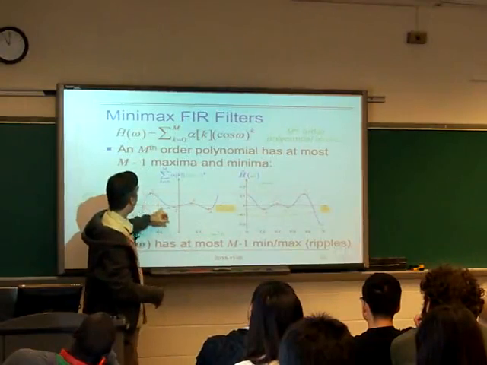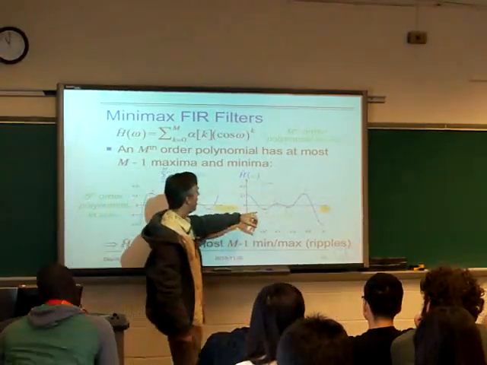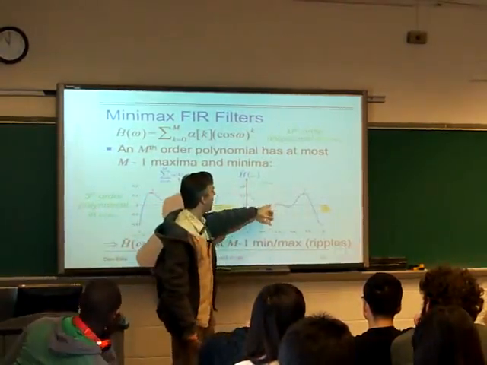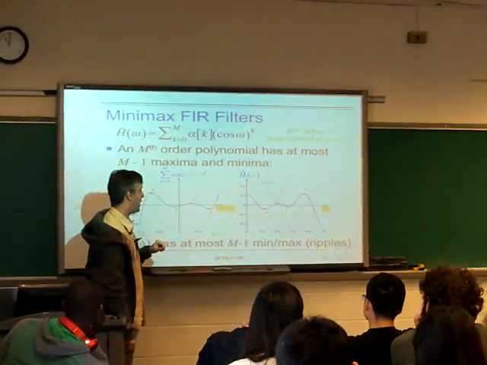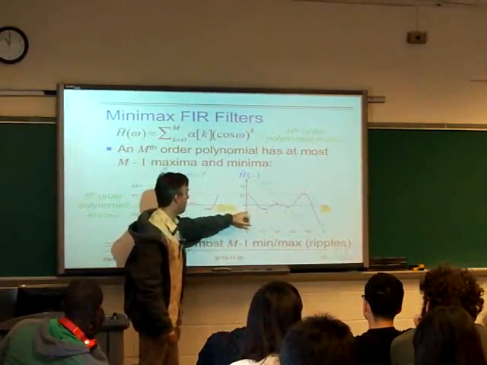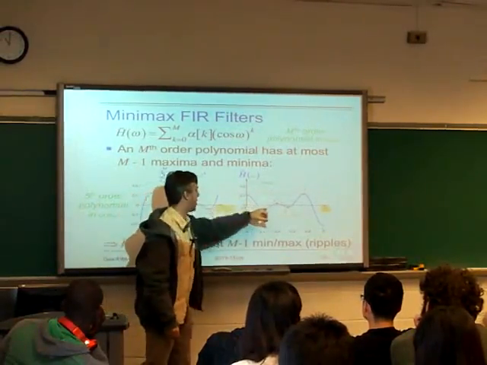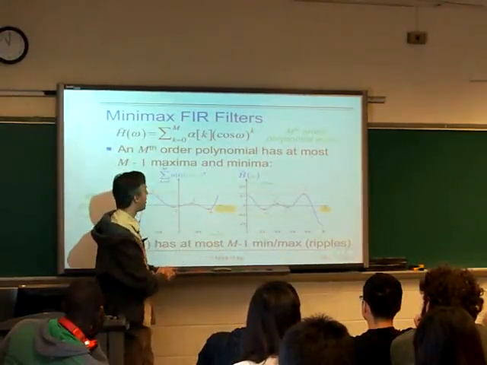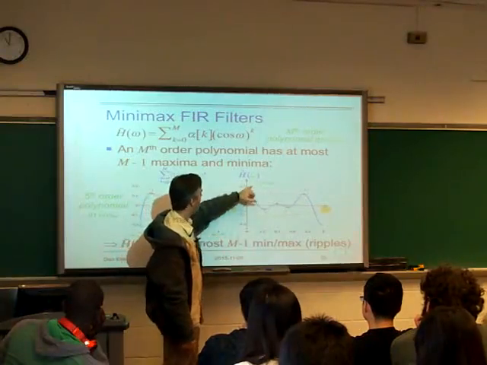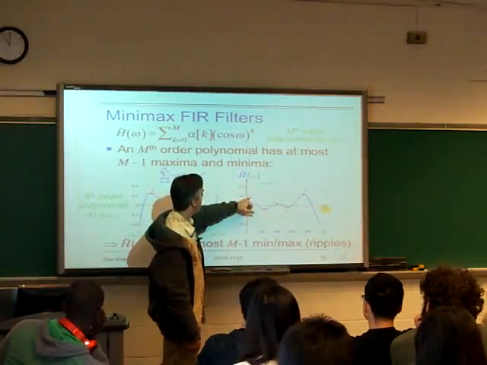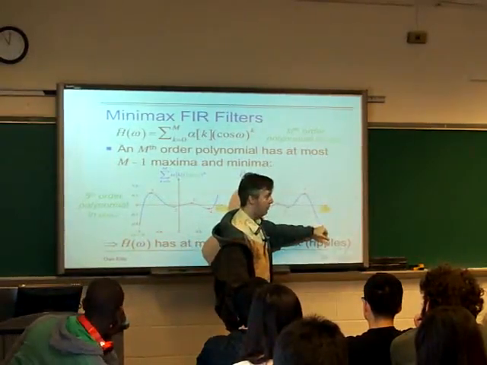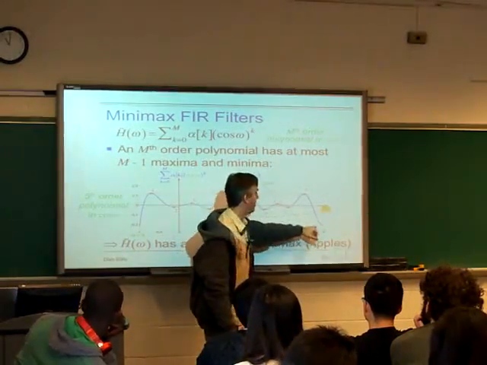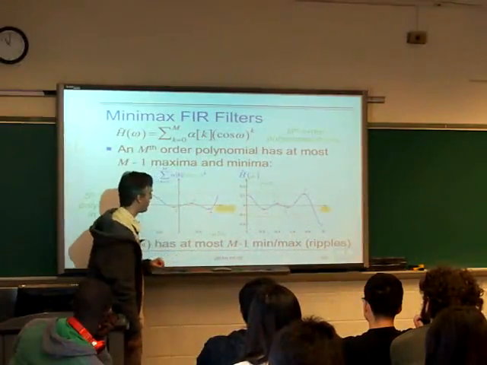So these 4 extrema here come out to be the 4 extrema that I get in the magnitude response of this filter. They're the same values, but they come in the reverse order. And because of the way this cosine function goes to 0, we also get local extrema at the edges here, which don't show up in this polynomial.